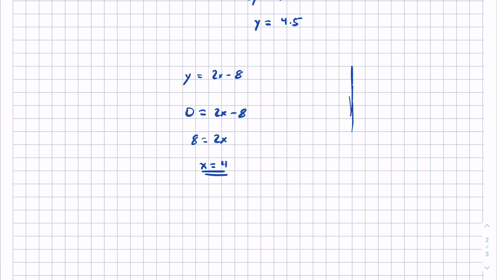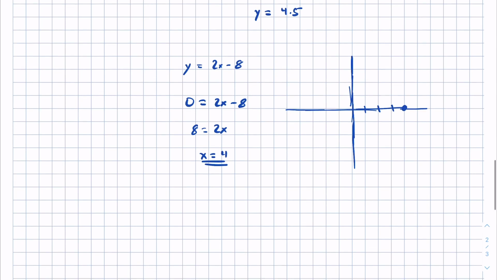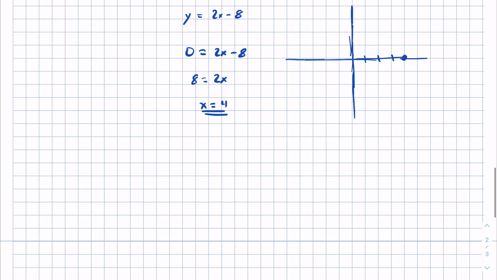I'm going to graph a new coordinate plane here just so that we can plot the points. So x is equal to 4, 1, 2, 3, 4. And then for the y-intercept, we set x to be equal to 0. So we have y is equal to 2 times 0 minus 8, and then we have y is equal to negative 8.